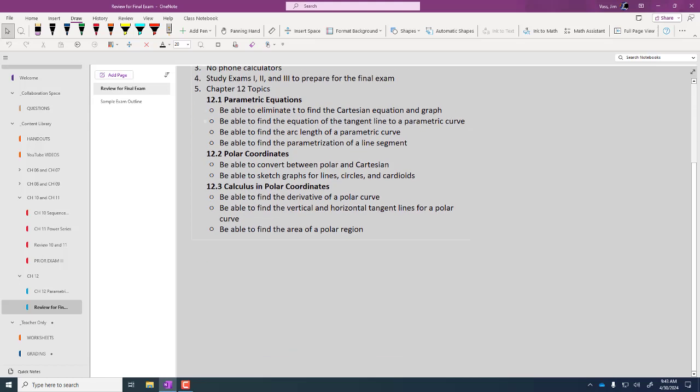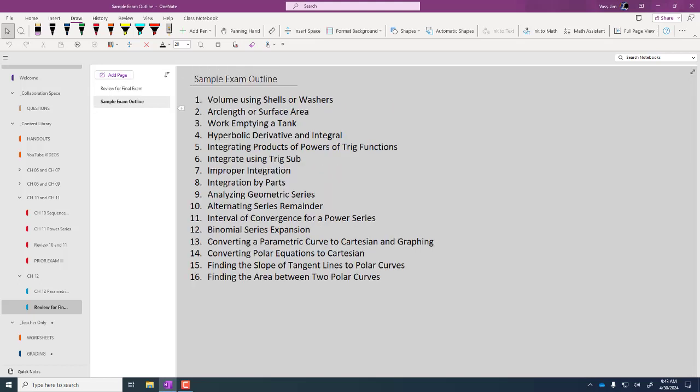So the chapter 12 stuff, we have 3 sections, and 4 questions are going to come from these topics. If we go to the next slide, this is a very generous outline of the exam. 16 questions, 16 concepts, one-to-one correspondence. So these are where we want to focus on for studying for the final.